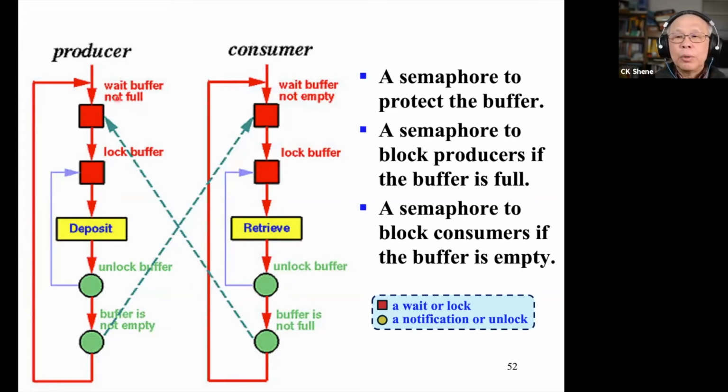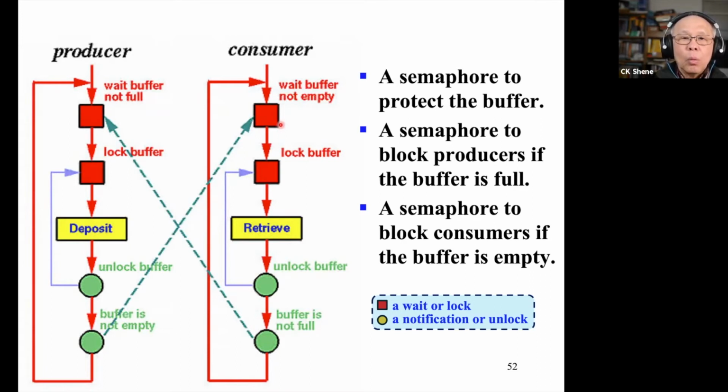By the same reason, we need a semaphore to block consumers if the buffer is empty, or consumers are blocked. And if the buffer is not empty, we allow some consumers to proceed.